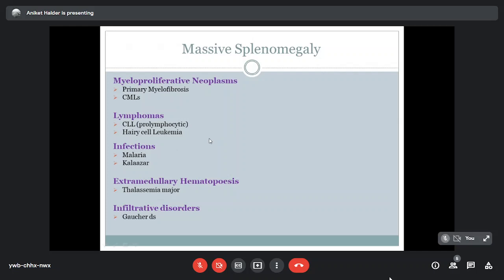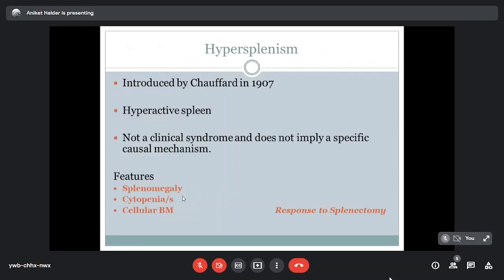This can also be due to the activation of the macrophages in the spleen, and extramedullary hematopoiesis. As I had said, in thalassemias, there can be extramedullary hematopoiesis causing massive splenomegaly, and different infiltrative disorders. Most notably in Gaucher disease, there can be massive splenomegaly.